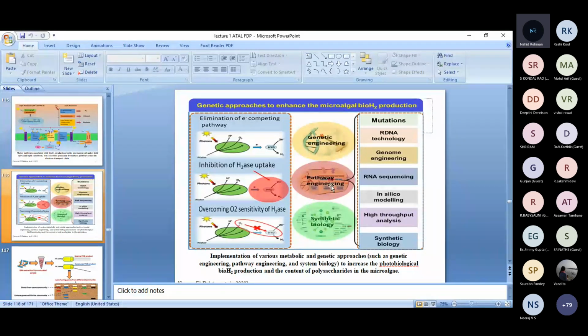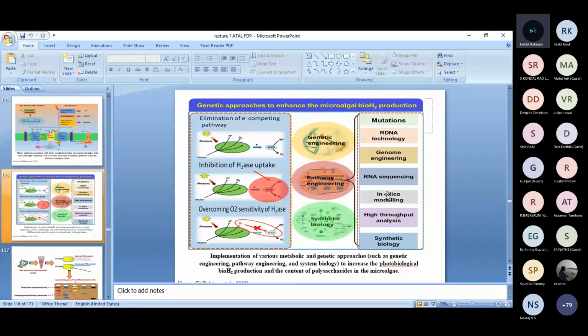So the thing is, how to do it? First of all, you can do all the in silico modeling, and for the in silico modeling there are various tools which are freely available at the NCBS site. You sit quietly and open this site, and you will find there are many tools, and using those tools you can perform studies related to your area.